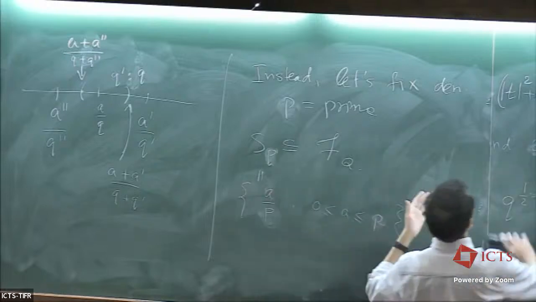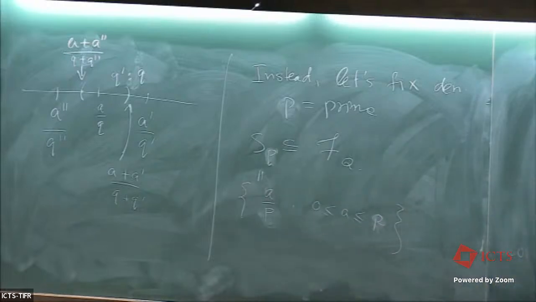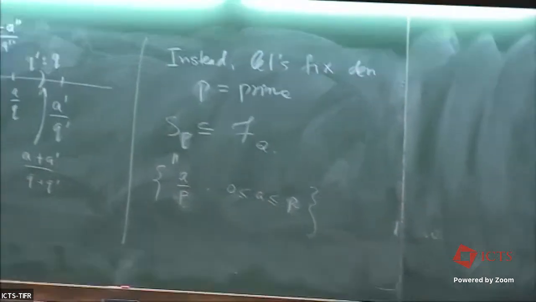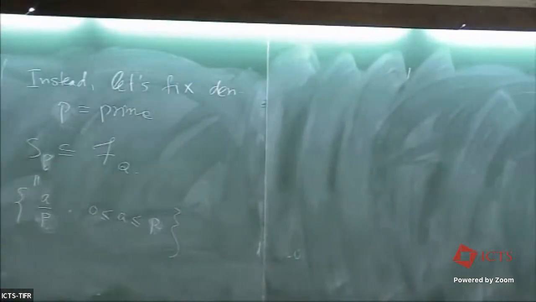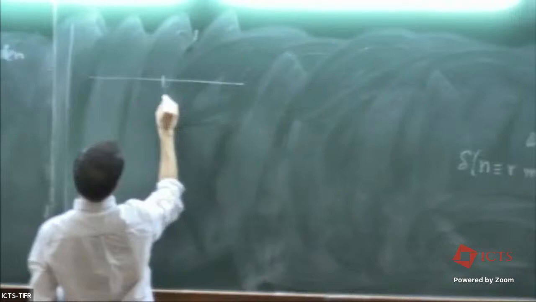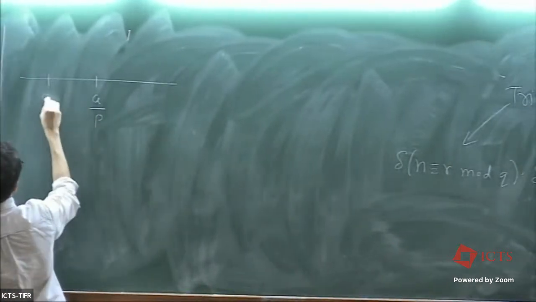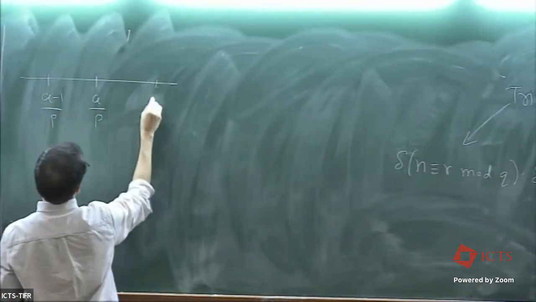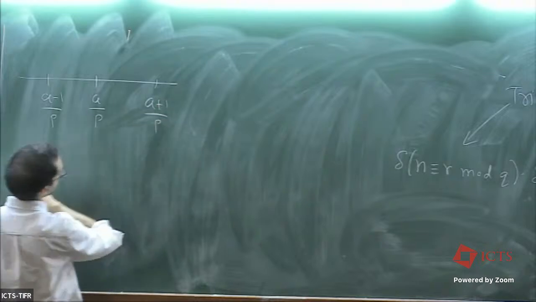So if you do the same idea, oops, I didn't want to erase this. Anyway, what you have over here is a over p. Over here, you have a minus 1 over p. Over here, you have a plus 1 over p.